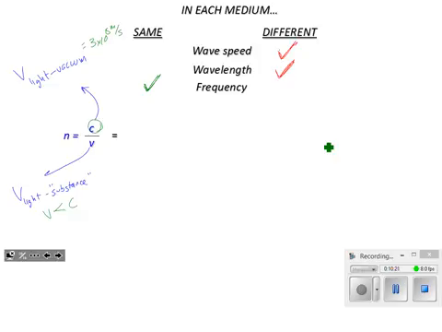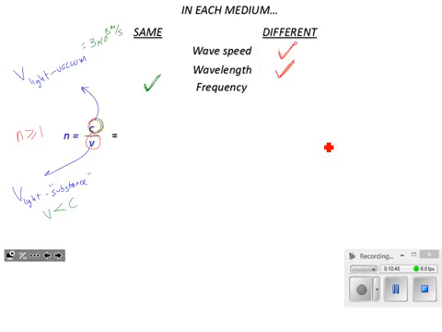Nothing in the universe has ever, will ever, can ever travel faster than the speed of light in a vacuum. And that also says that because c is always greater than v, n is always greater than 1. Greater than or equal to 1, I guess, because n for a vacuum is 1.